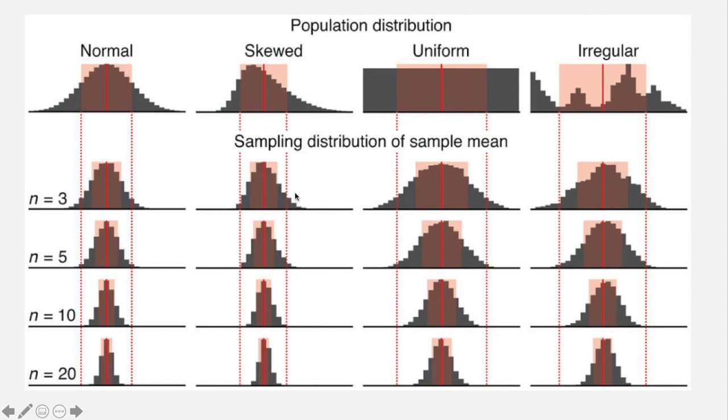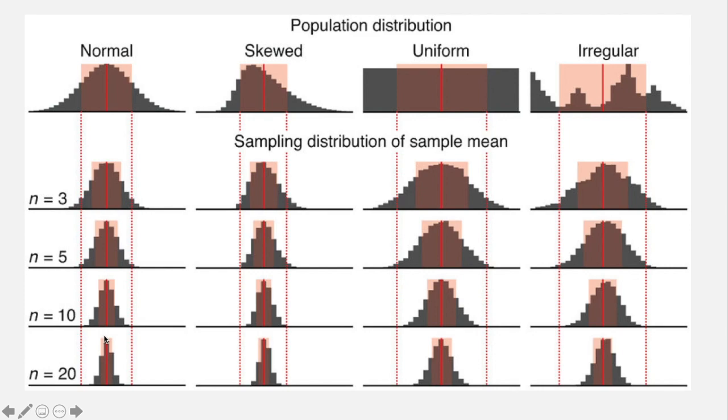Skewed, it's still kind of skewed, but things move more towards the center. Uniform starts to look more normal. And irregular starts to look more irregular, but it's still not quite normal. But as our sample sizes increase, all of these end up looking normal, even though they started out skewed or irregular or uniform. They all end up looking normal as the sample sizes get larger.